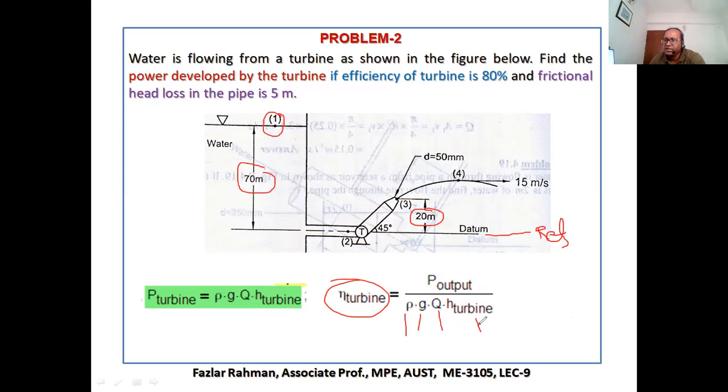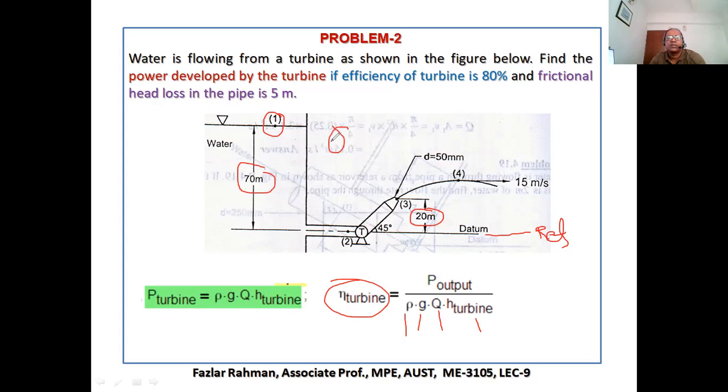So you need to figure out H turbine, and you need to figure out Q. How will you figure out the Q? Only the diameter of the pipe is not given, but the diameter of the nozzle is given, 50 millimeter, right? 5 centimeter only, about 2 inch. So from here, if you know the velocity at point 3, I can figure out the Q.